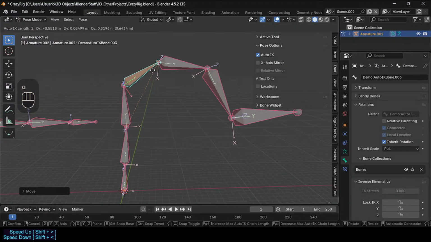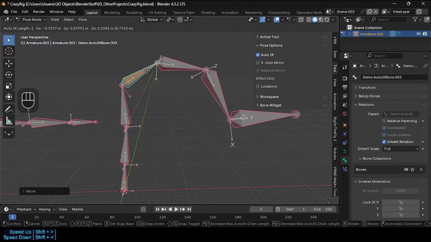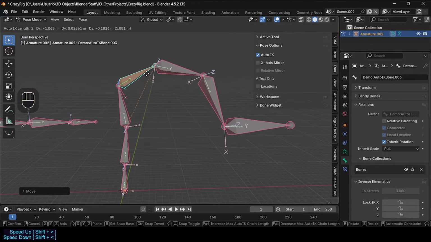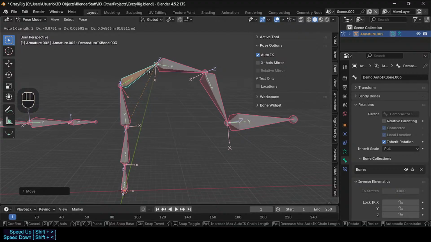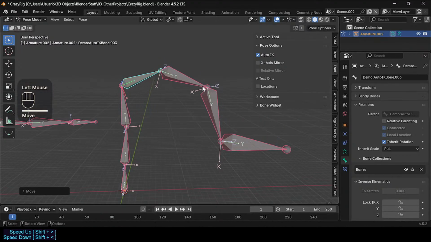So that will allow me to adjust not the Auto IK length, but instead a hypothetical Auto FK length. And that length will determine where I would like the joint of the connected skeleton to be pinned.